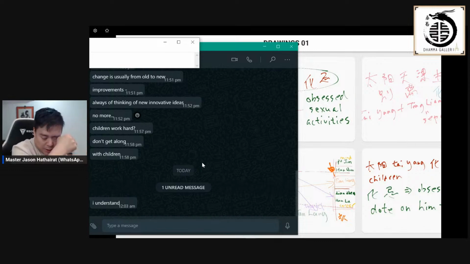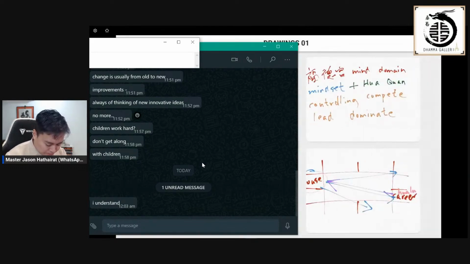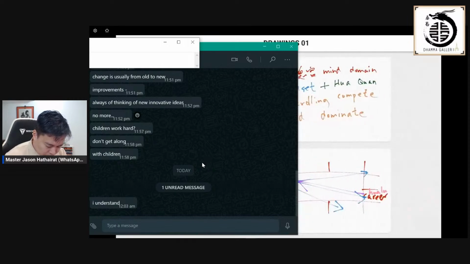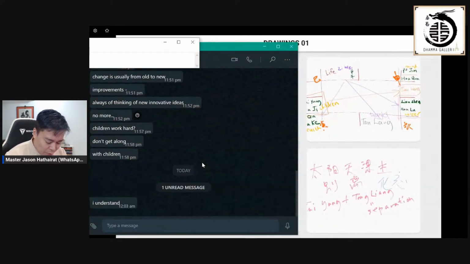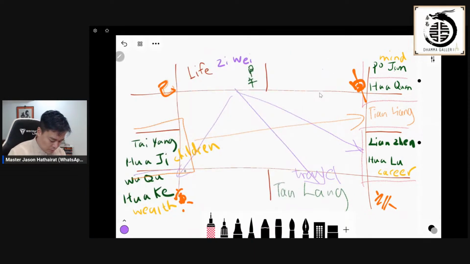Okay, so lastly, what do we have? Let me go back to the drawing. Lastly, we have the wealth domain. The wealth domain has 武曲 pairing with 化科.